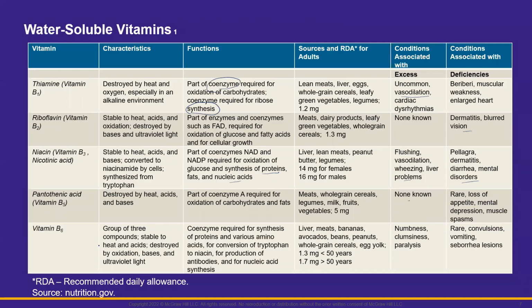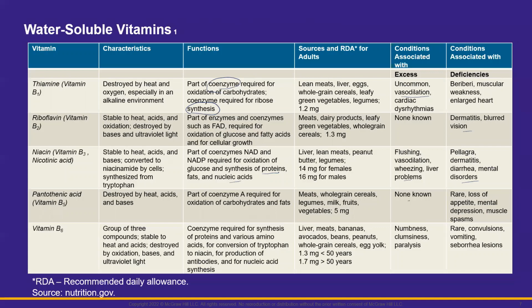Vitamin B6 is a group of 3 compounds, stable to heat and acid, destroyed by oxidation, bases, and ultraviolet light. It functions as a coenzyme required for synthesis of protein and various amino acids, for conversion of tryptophan to niacin, for production of antibodies, and for nucleic acid synthesis.